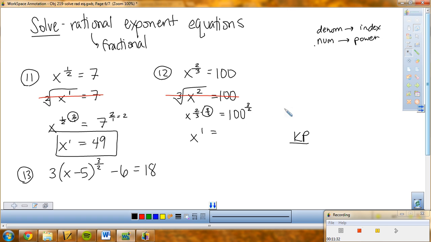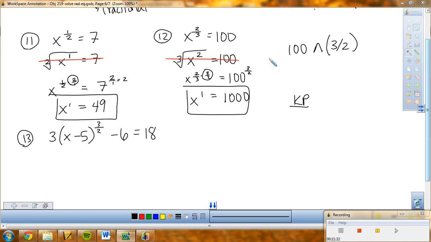And this you're going to have to type into your calculator, 100 to the 3 divided by 2 power. You can just plug it right in, and it'll pop out an answer. So x is equal to 1,000. All right. So the key point here is to multiply by the reciprocal fraction to get your variable by itself.